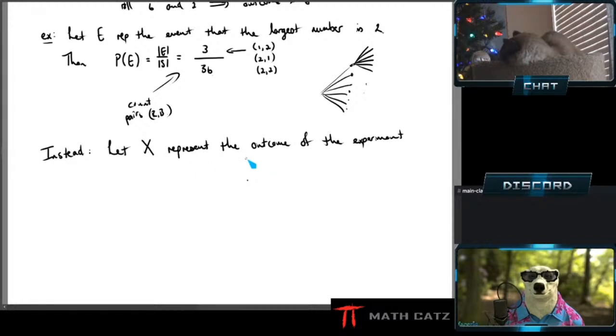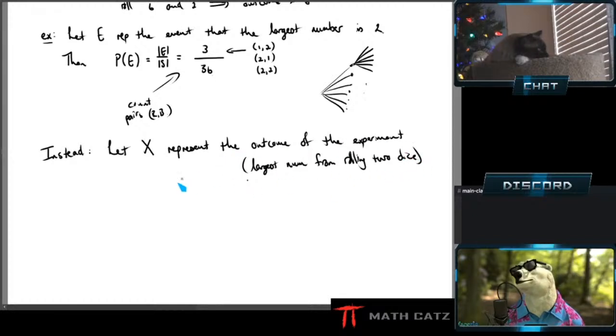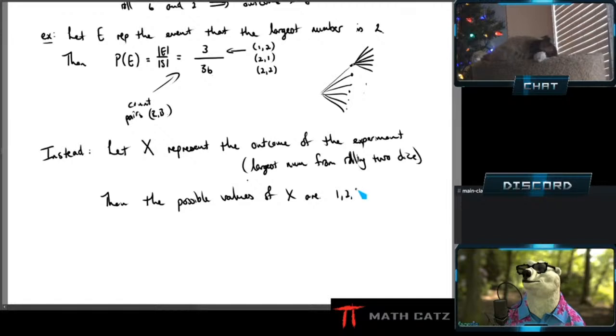In this case, the largest number from rolling 2 dice. But it's always the outcome of the experiment, even though the experiment could change. Then, the possible values of x are 1, 2, 3, 4, 5, and 6.